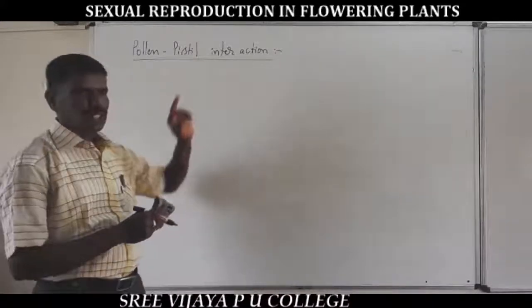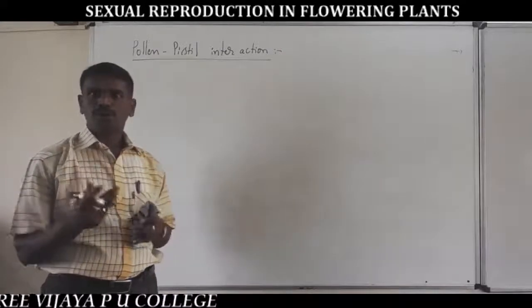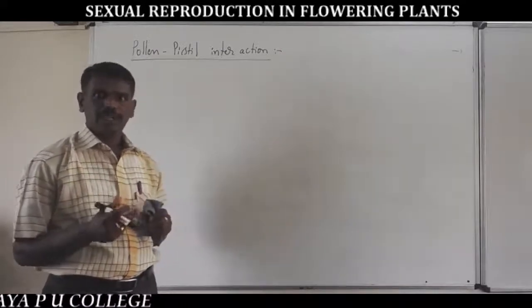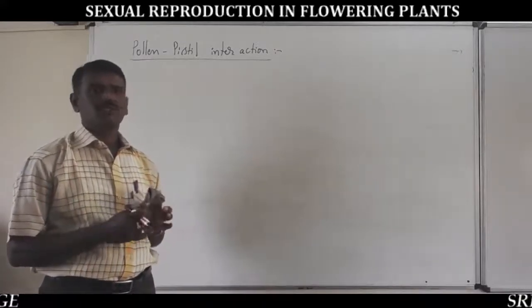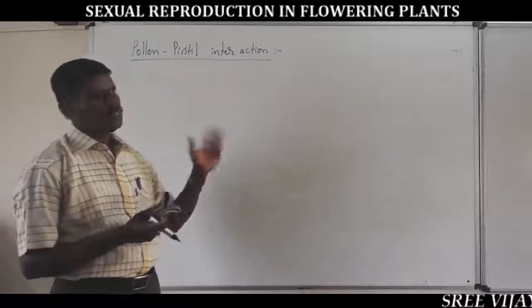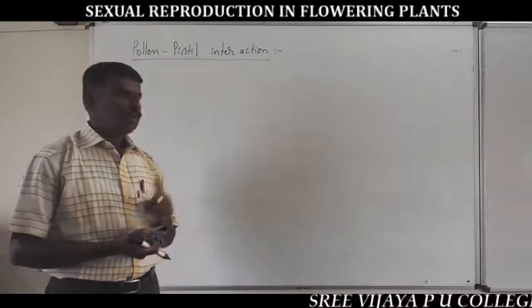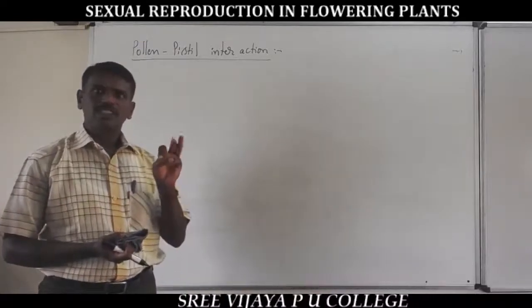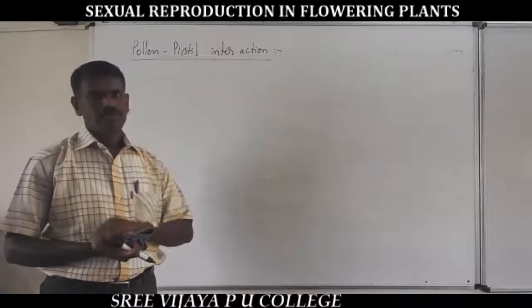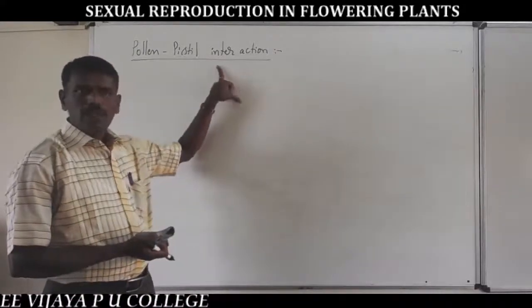And what is pistil? The pistil is a member, a unit of the gynoecium. The gynoecium contains either a single pistil or more pistils. The pistil consists of 3 important parts: stigma, style, and ovary.